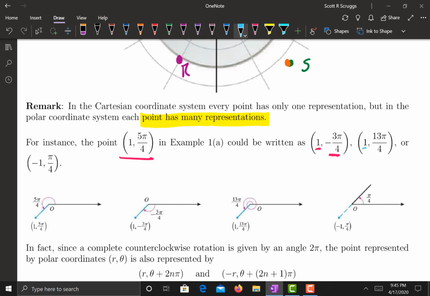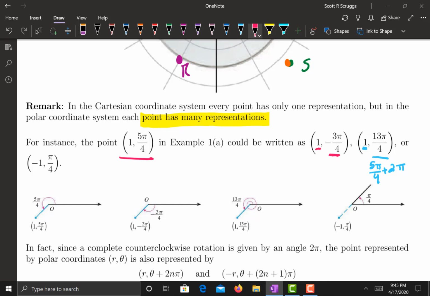What I did here was the radial coordinate stays the same, but I got 13 pi over 4, which is what you will get if you add 2 pi to 5 pi over 4. And so what does that mean? That means I did one full rotation around the circle, and then I rotated again 5 pi over 4 radians.